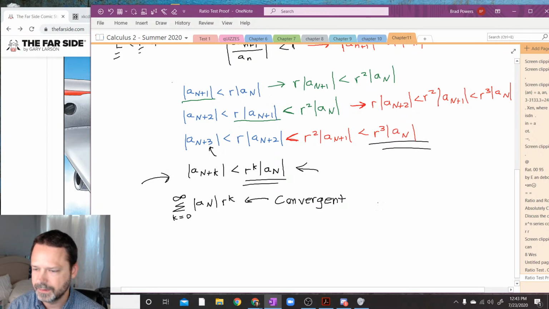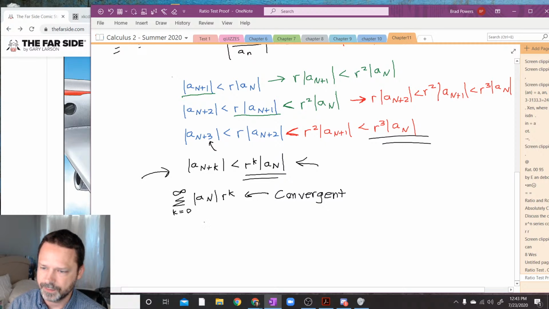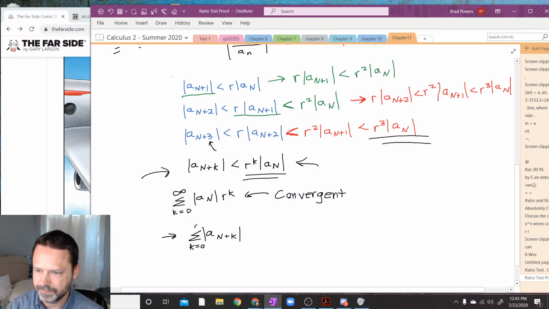Well, if that's convergent, then what else do we know? Well, then this guy must also be convergent too. This one, the sum of a sub n plus k from k equals 0 to infinity.